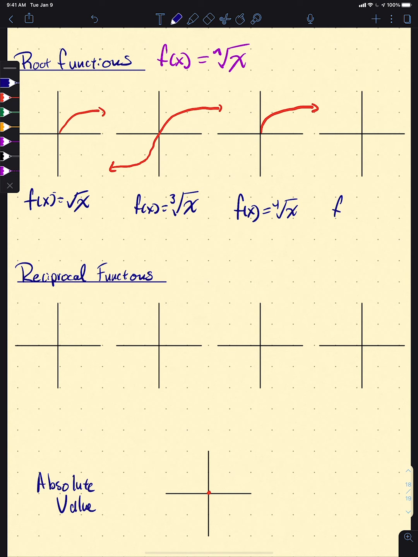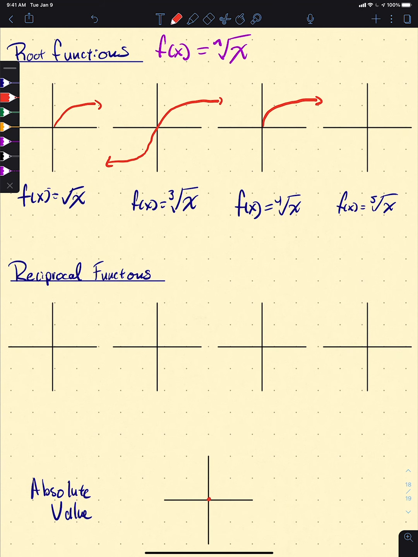And as you would expect, if we were trying to graph the fifth root of x, it's going to look something like the cube root, but a little bit flatter and hug the y-axis just a little bit more. In fact, I'm going to redraw that so it hugs this y-axis even tighter. So the fifth root's going to look something like that.